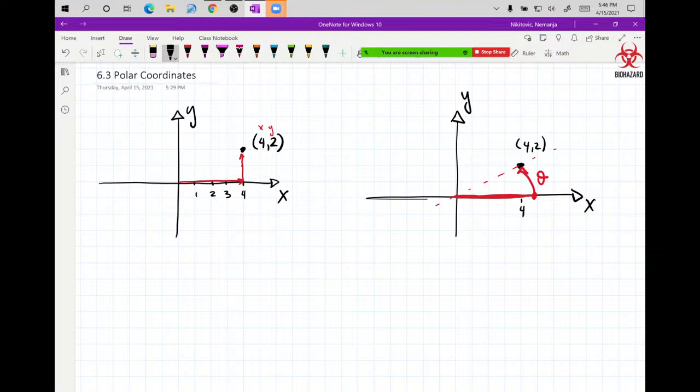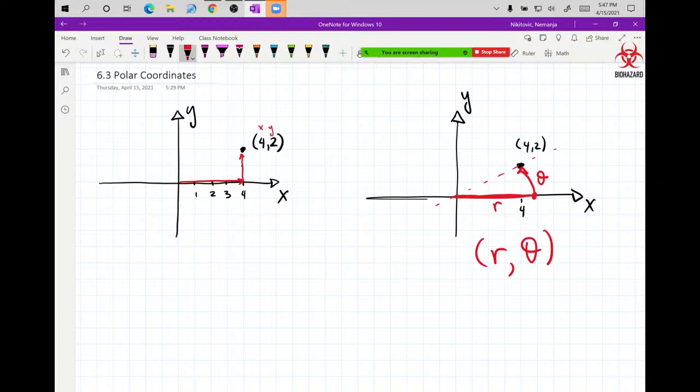So what we used in the second case is the length r, which is the radius that we draw out, and then we swing angle theta, in this case counterclockwise, and we get to the point (4, 2).